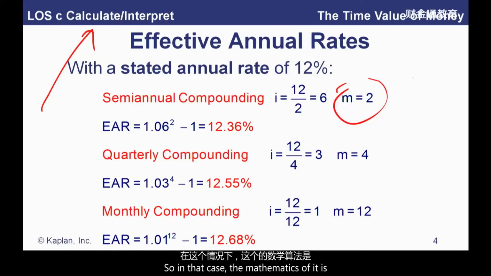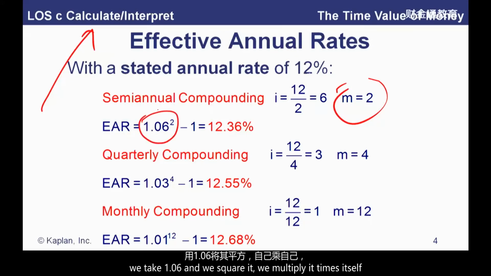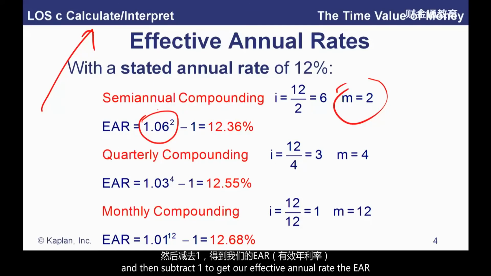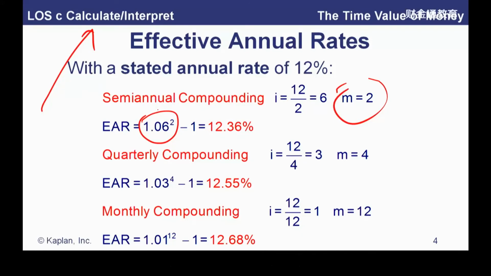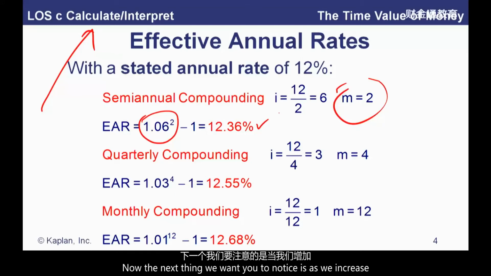So in that case, the mathematics of it is we take 1.06 and we square it. We multiply it times itself and then subtract 1 to get our effective annual rate, the EAR. And that effective annual rate, 12.36%.